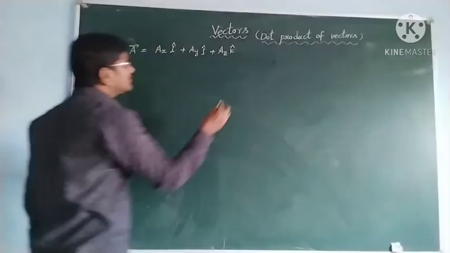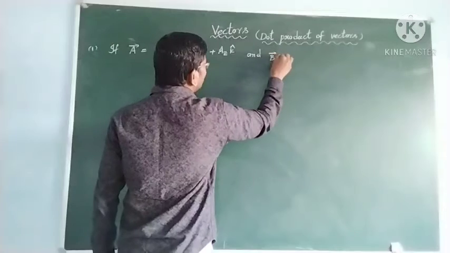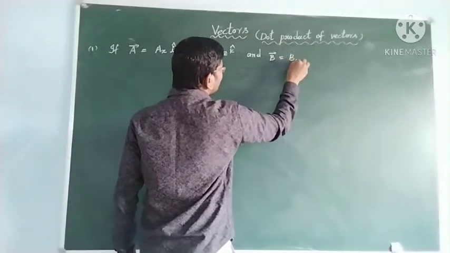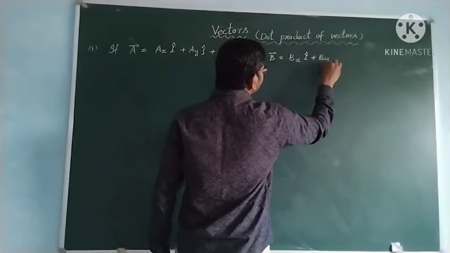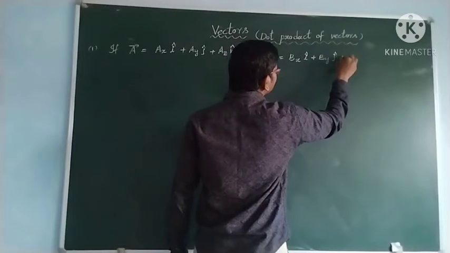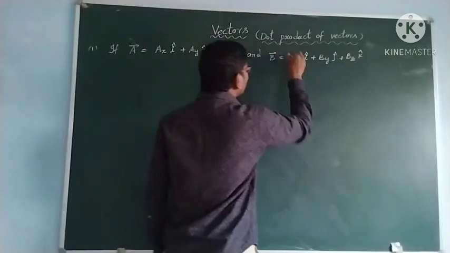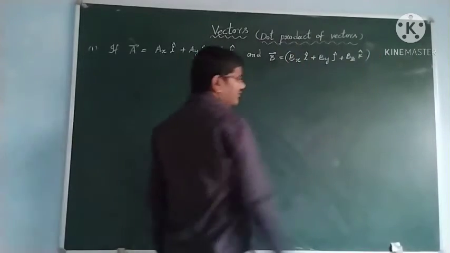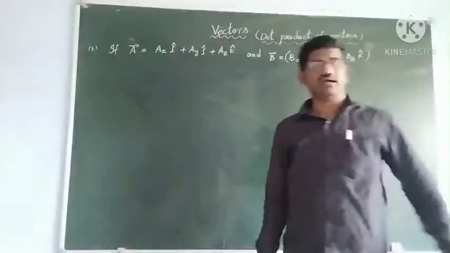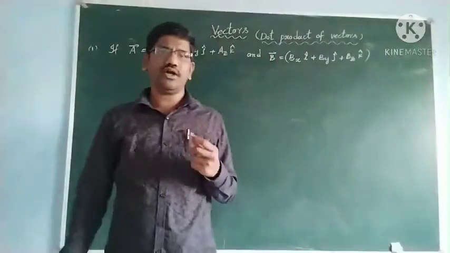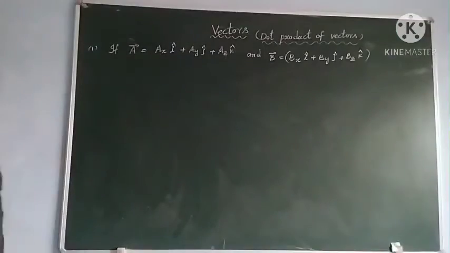This is a vector, and B bar equal to Bx into I cap plus By into J cap plus Bz into K cap. This is another vector. Okay, students. So we have two vectors, A bar and B bar. Now I want to check the dot product of A bar dot B bar.